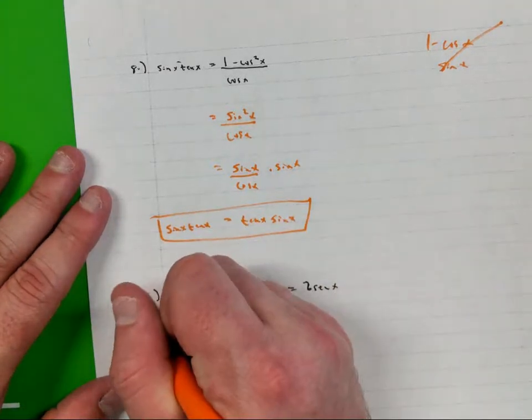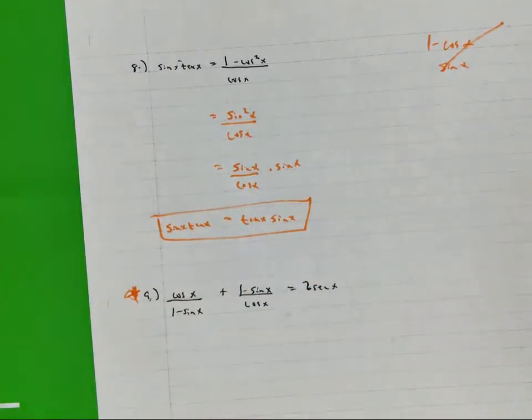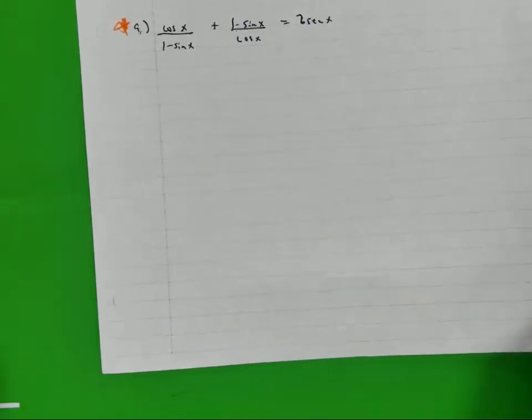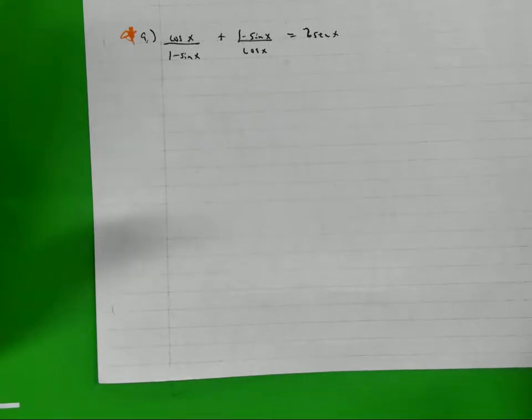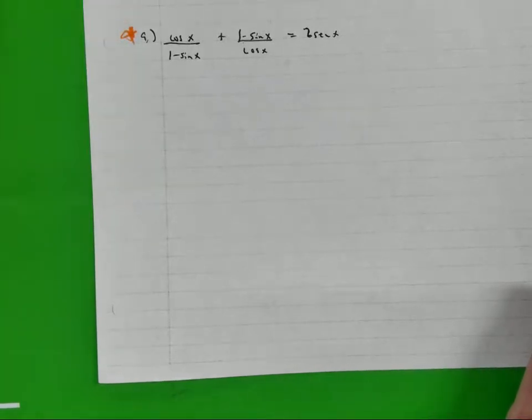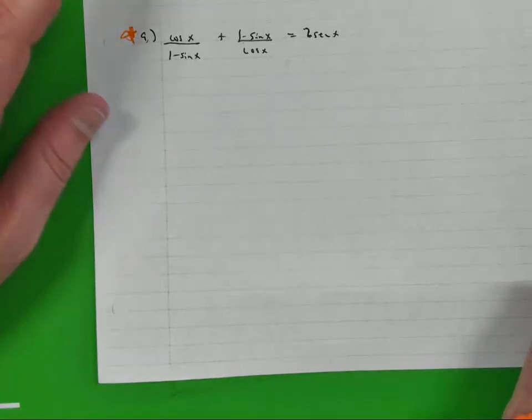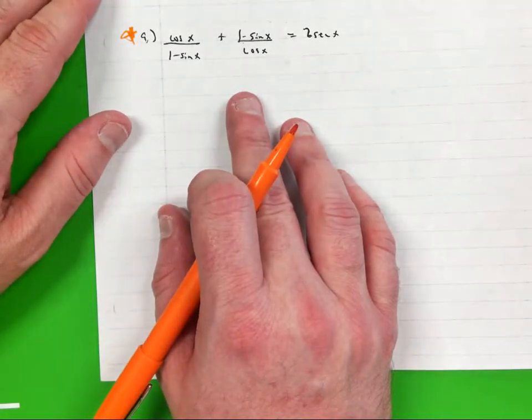You do have one like number 9 here, and this is the lengthy one. This is very similar to the hard one. It's not hard, it's just time consuming. Of course, the left looks more complicated than the right. Okay? What toolkit strategy would you use? Find the what? Common denominator. What would be my common denominator here?